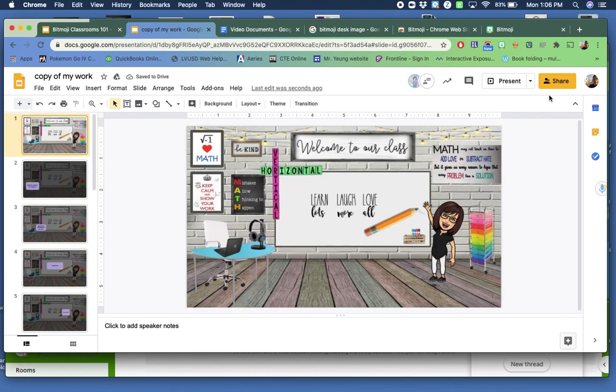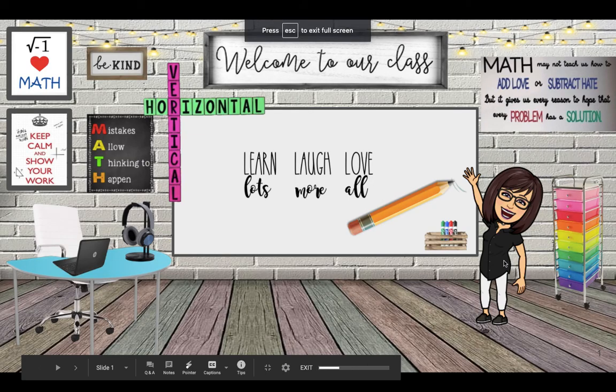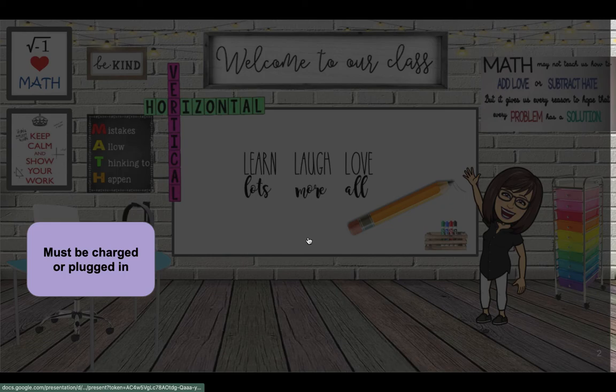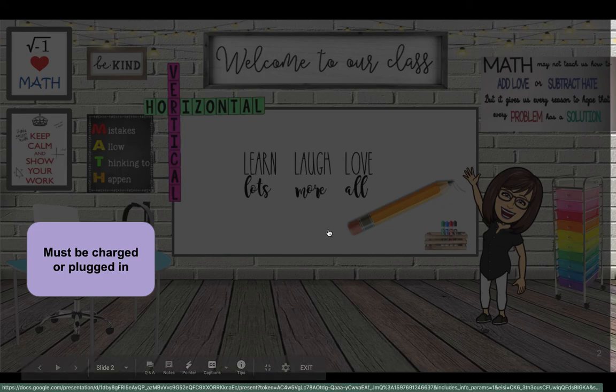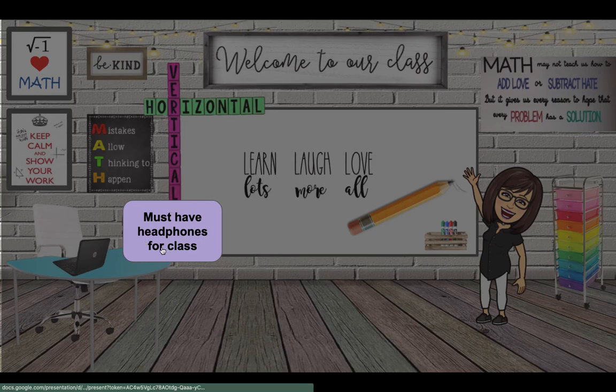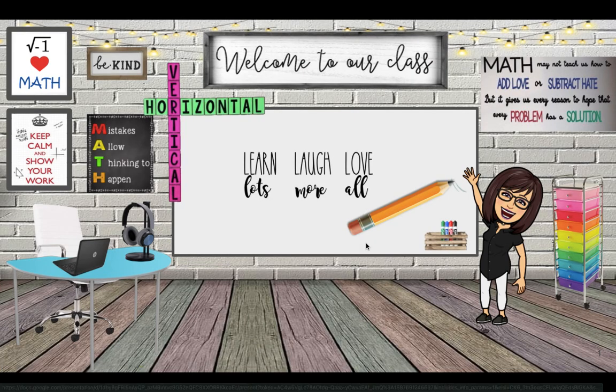So if you click on here, we're going to present Miss Levenberg's Bitmoji. Looks fantastic. She's done a great job on it. We click on that, it says must be charged or plugged in. So now you click anywhere, it goes back to the original. If you click on the headphones, it says must wear headphones in class. And then we click on that, it goes back to the original.